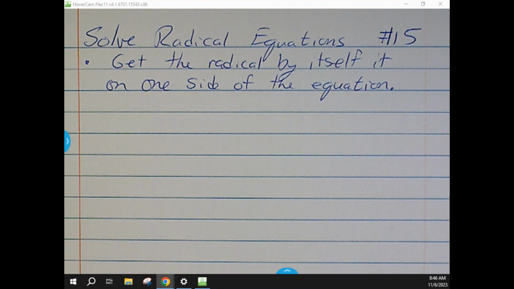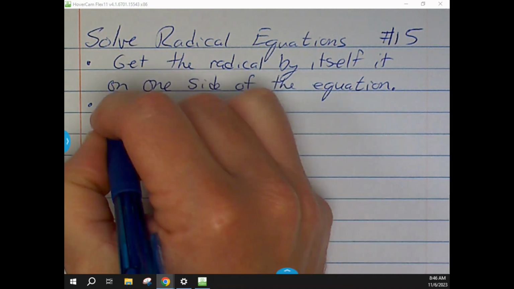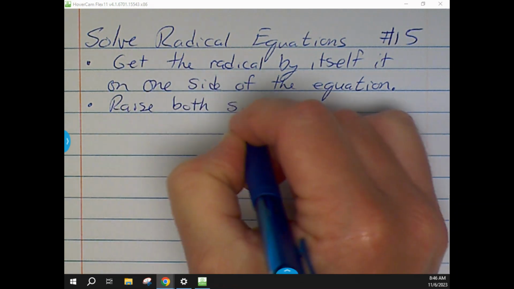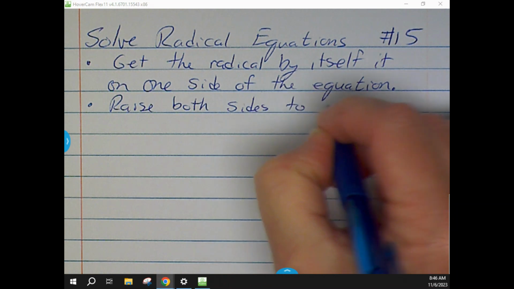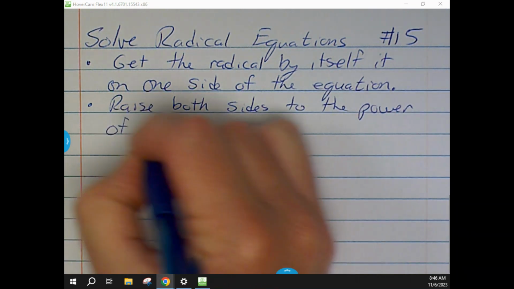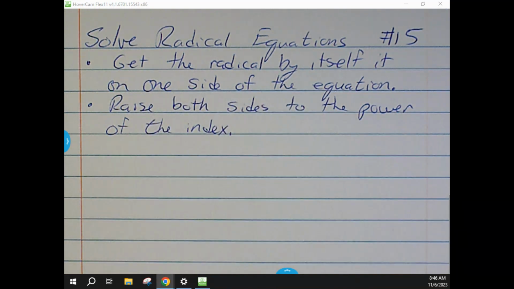So you're going to have third root, fourth root, fifth root, whatever the radical is on one side, and some expression on the other side. And then once you've got that part, you're going to raise both sides to the power of the index. Okay, and that's really everything we're looking at.